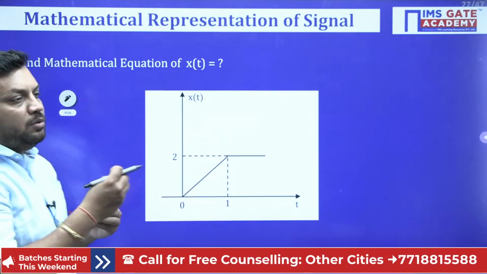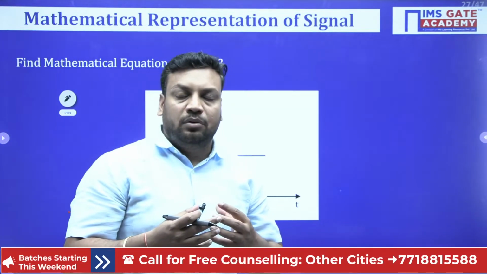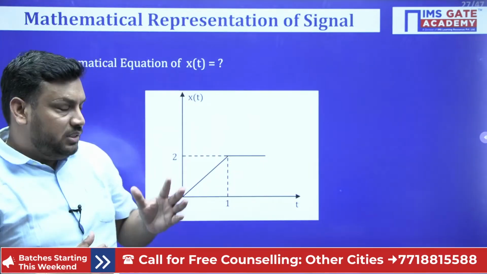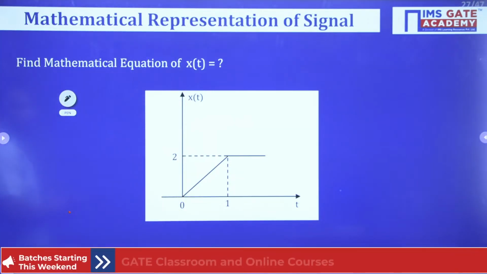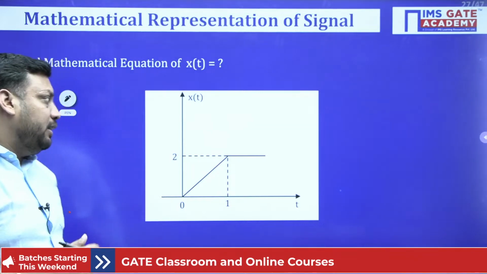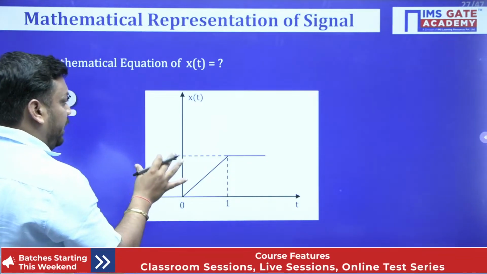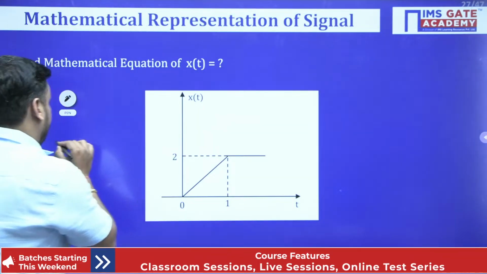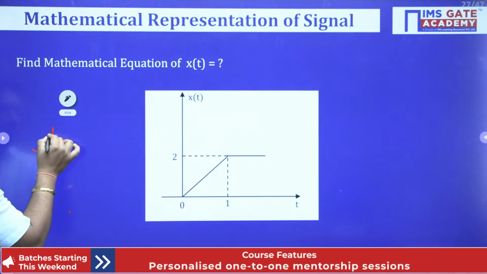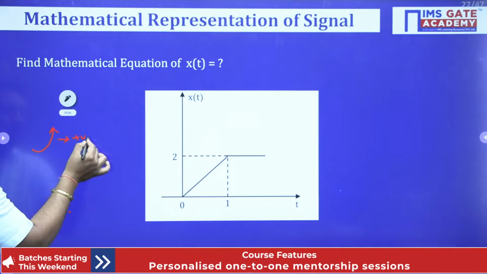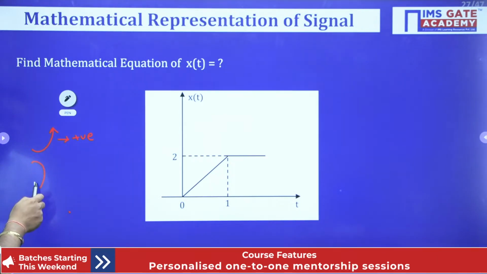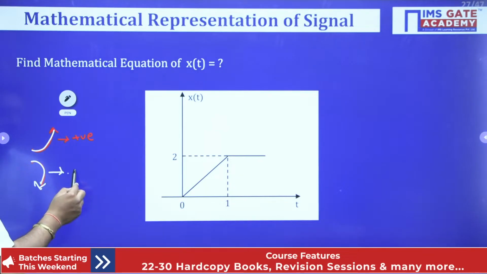In the first 3 questions, you just need to have patience and listen carefully. After the 4th question, you can also write the mathematical equation. So student, wherever we have an upward direction, we will take the positive sign, and whenever we have a downward direction, you will take the negative sign.